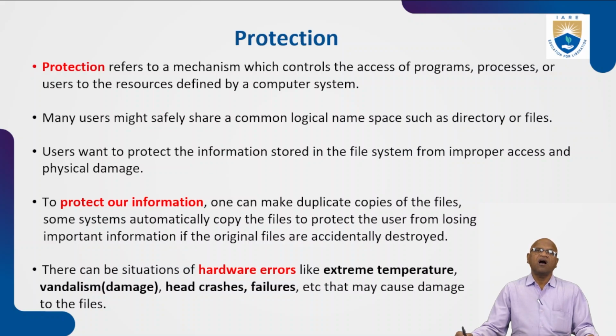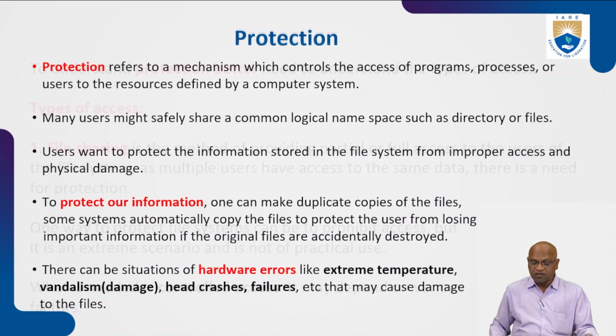Some systems automatically copy the files to protect the users from losing important information if the original files are accidentally destroyed. So we keep the duplicate copy. There can be situations of hardware errors like extreme temperature, vandalism, damage, head crash, failures, etc. They may cause damage to the files.